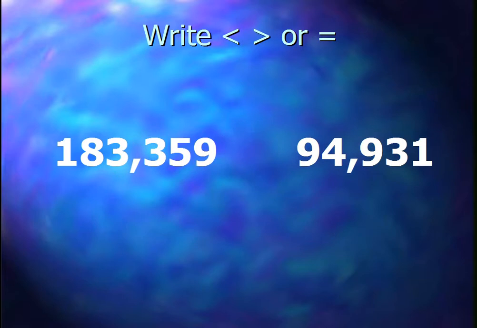All right, let's see the next one. We're making them bigger. 183,359. Is it greater than or less than 94,931? All right, so again, start from the left. See if we've got something in the 100,000s over here, but do we have anything in the 100,000s here? You can always use the commas as a place set.